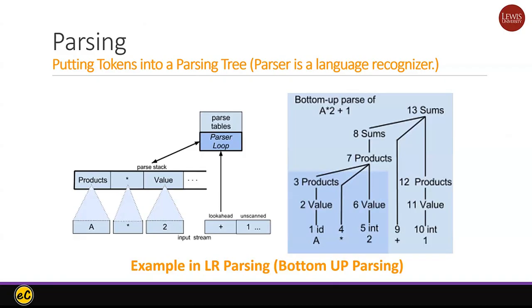So ID, then operator, and then integer, that will become a product expression. Okay, an expression plus an expression, you get a sum. So this is the so-called bottom-up parsing. Here you need to have the grammar. You also need to push your data into stacks.